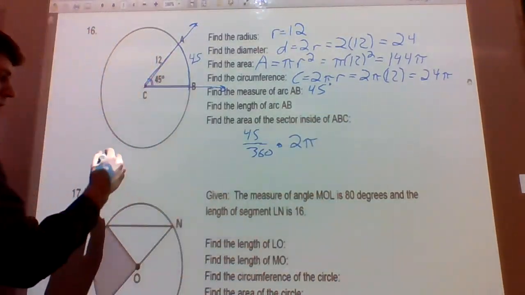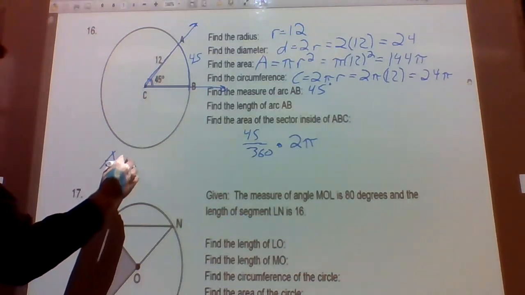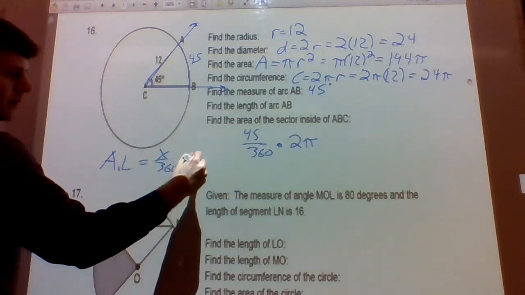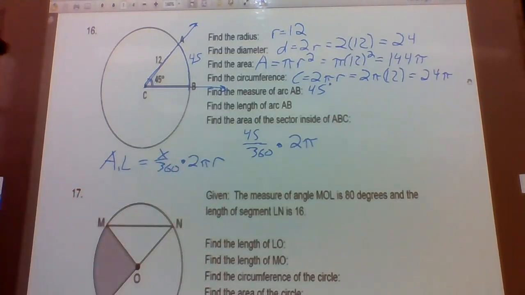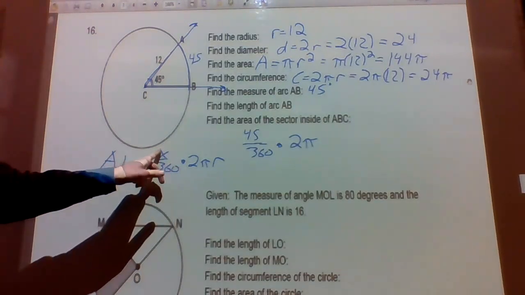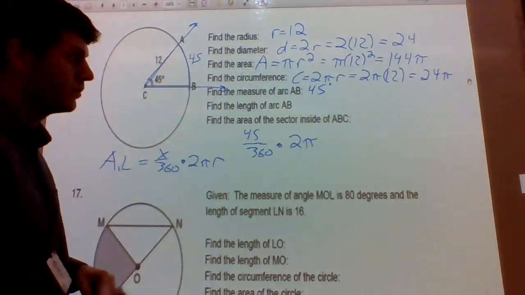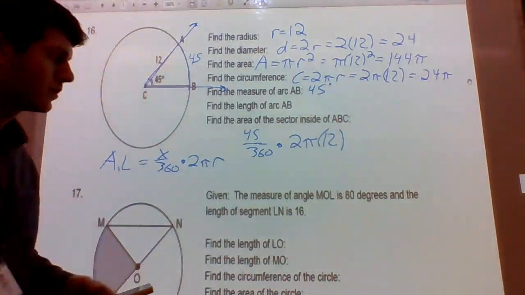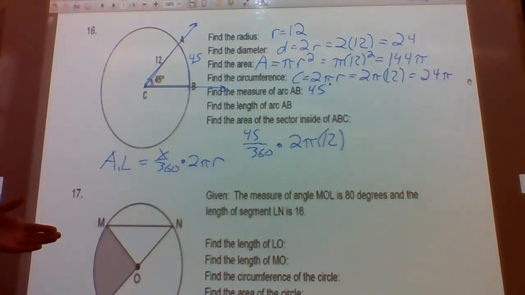So the equation we're using here is arc length equals x over 360 times 2 pi r. Our arc measure is 45, and the radius is 12.